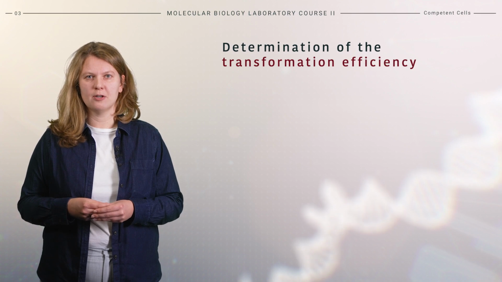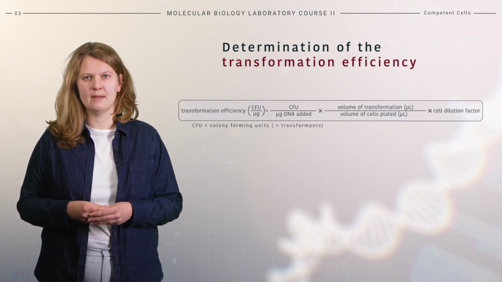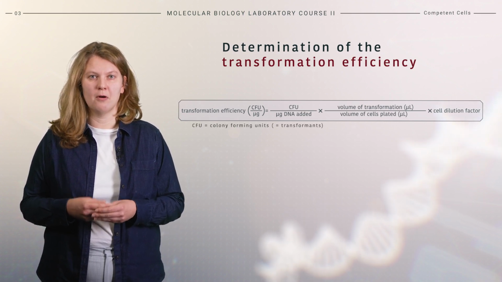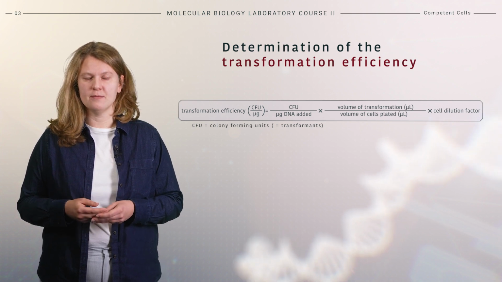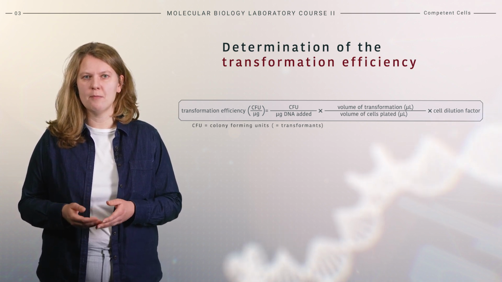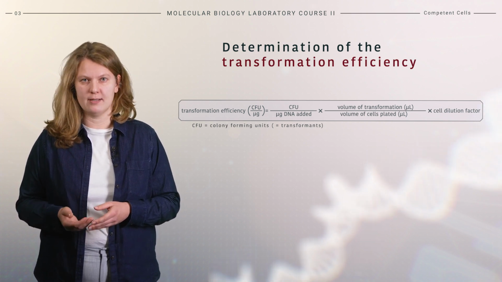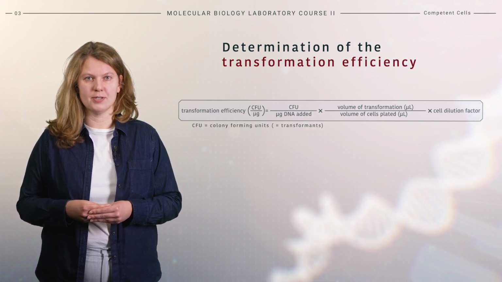Finally, to evaluate the competent cells, we need to calculate the transformation efficiency. For a test transformation rate, we use a plasmid sample of a known concentration. The efficiency of transformation is typically measured as the number of transformed cells per microgram of DNA added to the cells. Several factors affect transformation efficiency.